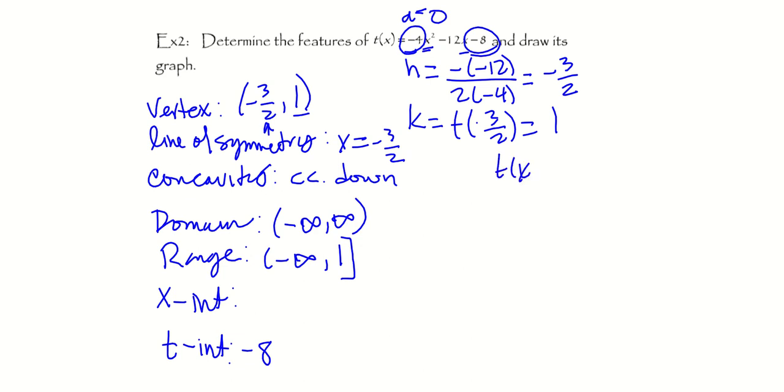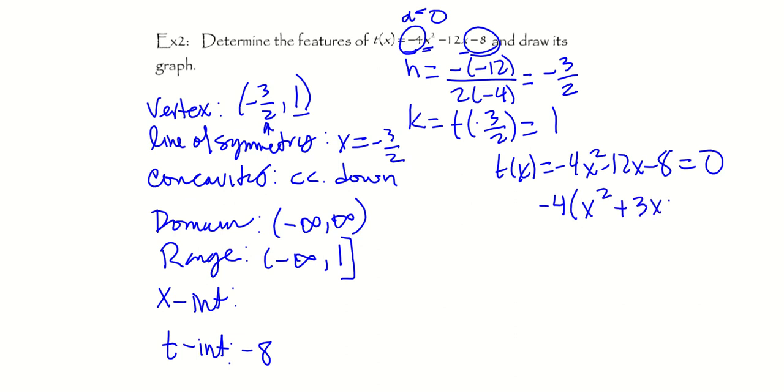To find my x-intercepts, I want to come in and set my equation, which is t of x, which is -4x squared minus 12x minus 8 equal to 0. Well, there's a GCF here, so if I factor out a -4, that gives me another factor of x squared plus 3x plus 2 equals 0. Pretty sure that's factorable, and that would factor as x times x and 1 times 2, and if those are both positive, my outers 2x and my inners 1x give me 3x.